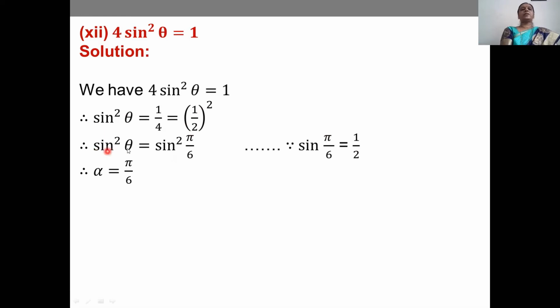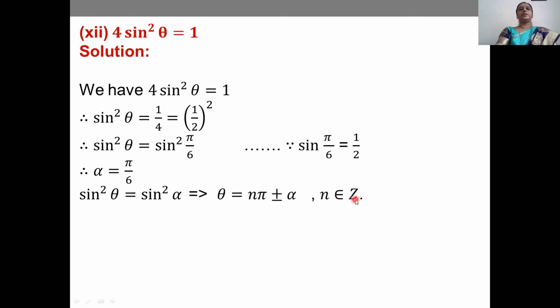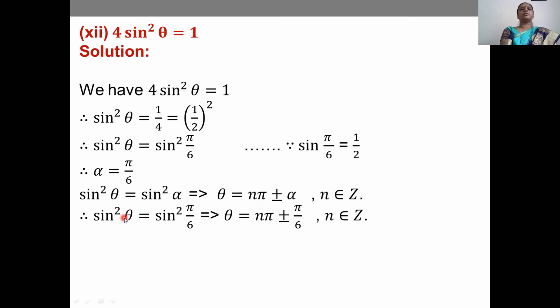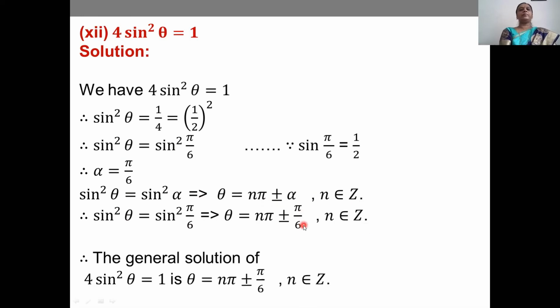This is of the type sine square theta is equal to sine square alpha, where alpha is pi by 6. If the equation is of the type sine square theta is equal to sine square alpha, then this implies that the general solution will be theta is equal to n pi plus minus alpha, where n belongs to Z. Therefore, this equation sine square theta is equal to sine square pi by 6 implies that the general solution will be theta is equal to n pi plus minus pi by 6, n belongs to Z. Here alpha is pi by 6, keep that value.